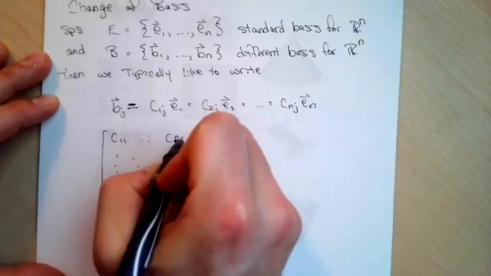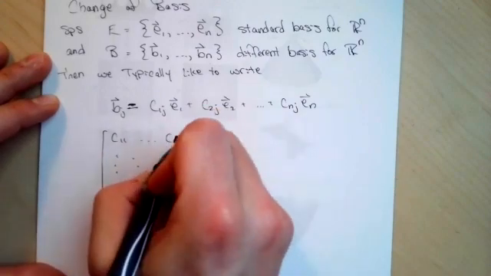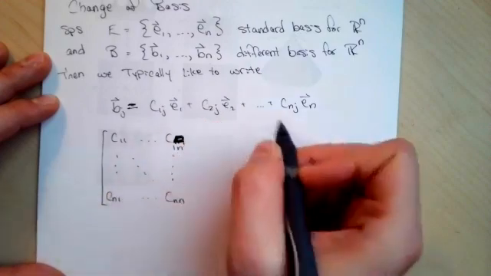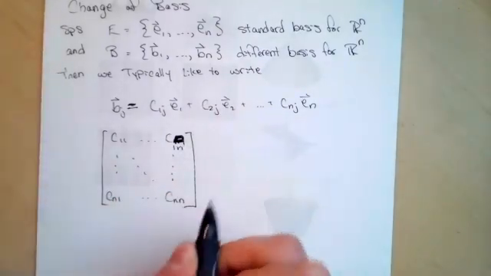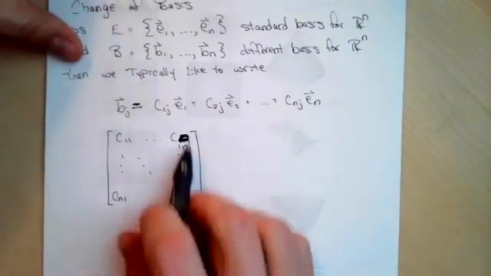Sorry, I wrote that wrong again. The subscript there should be 1n. It looks like an m there. This is a matrix.